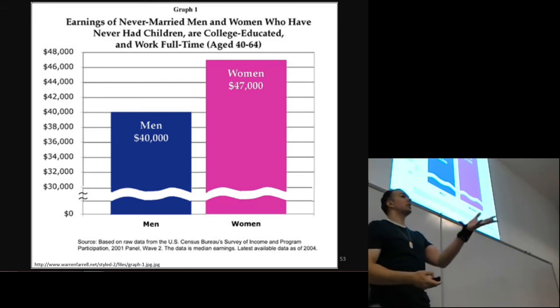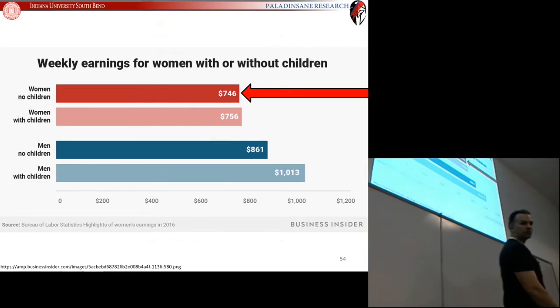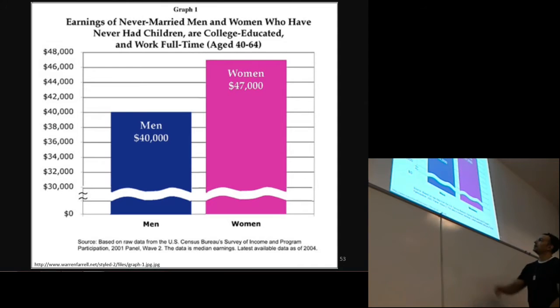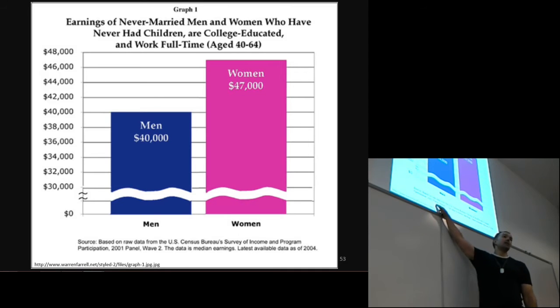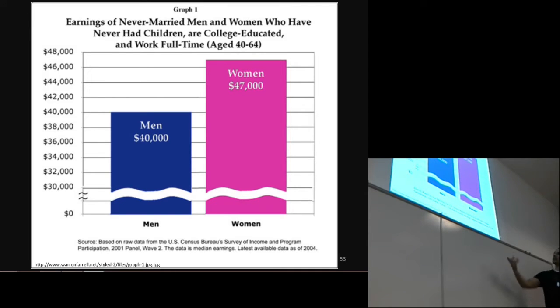So the question that I want to pose to you, just so that you know, this is based on U.S. Census Bureau survey of income in 2001. And this is the latest available data as of 2014.